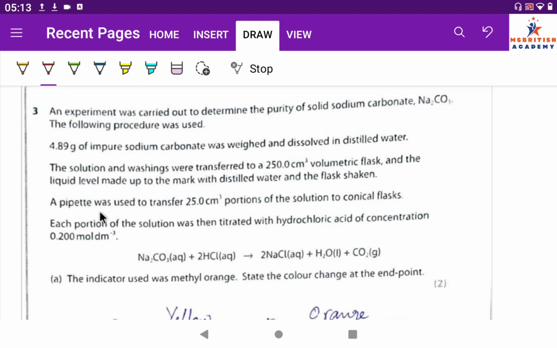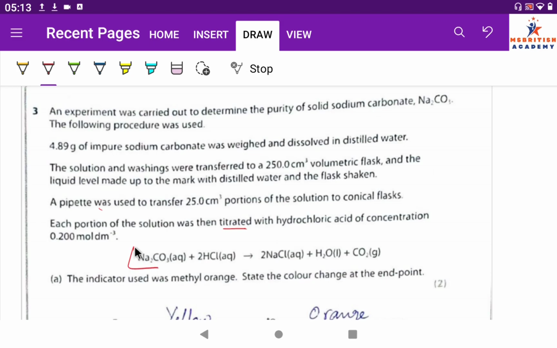A pipette was used to transfer a 25 centimeter cube portion of the solution to the conical flask. Each portion of the solution was then titrated with hydrochloric acid of concentration 0.2 mole per decimeter cube.